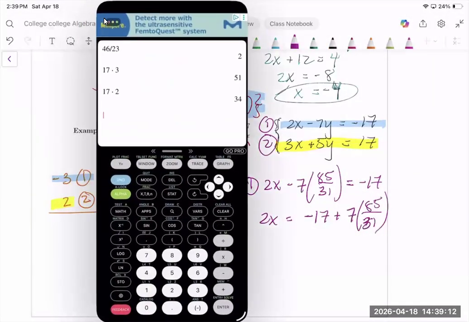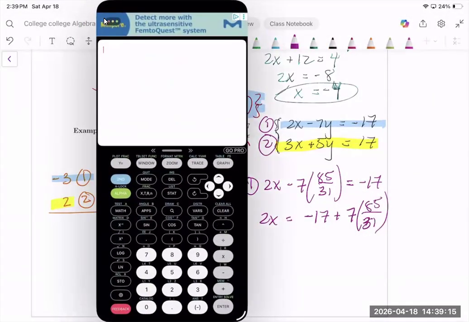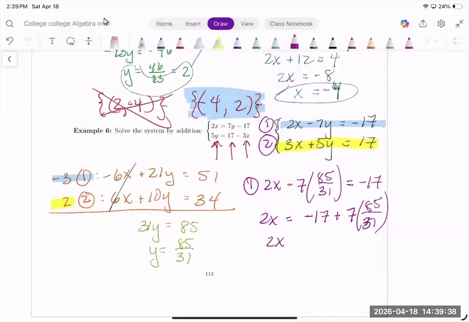Grab my calculator, slide it over. Okay, -17 plus parenthesis 7 times, let's get fancy and grab our fraction, 85 over 31. Math, enter, 68/31. So 2x equals 68 over 31. Divide by 2, same thing as multiplying by a half.